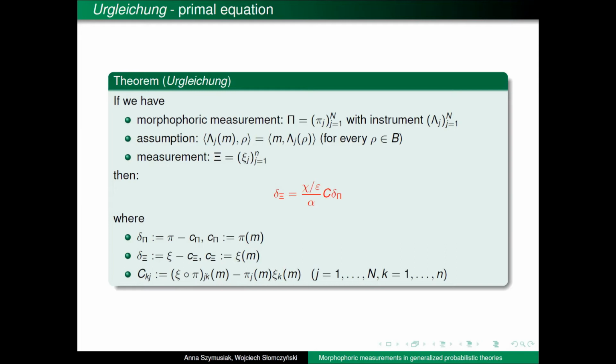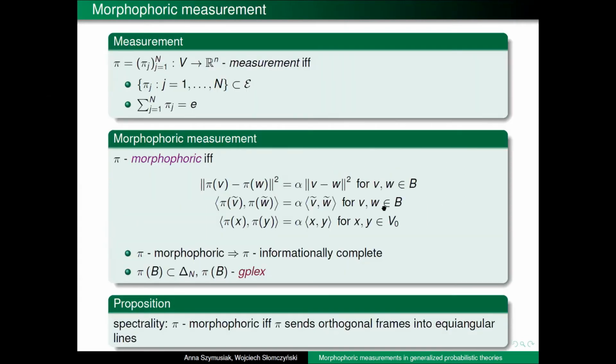So if I understood your result correctly, there's an equivalence between a morphophoric measurement and a measurement that has the equiangular line condition. But it should not be a maximal set of equiangular lines.